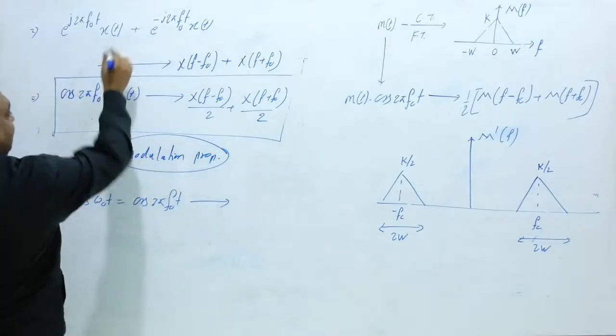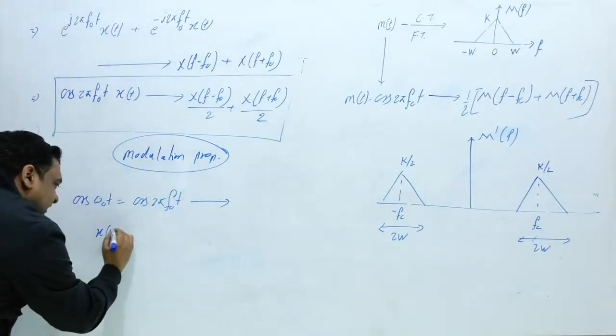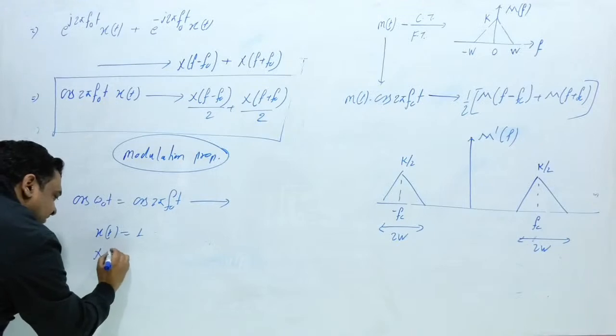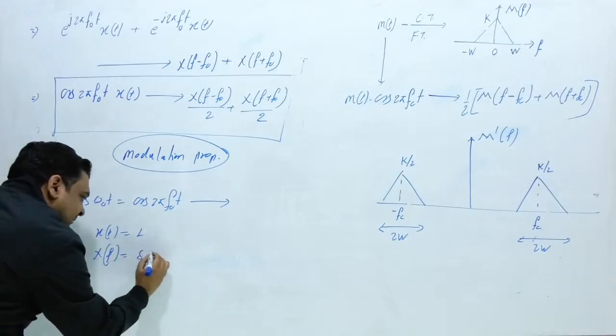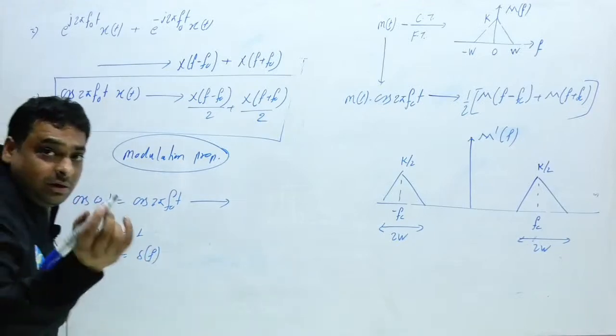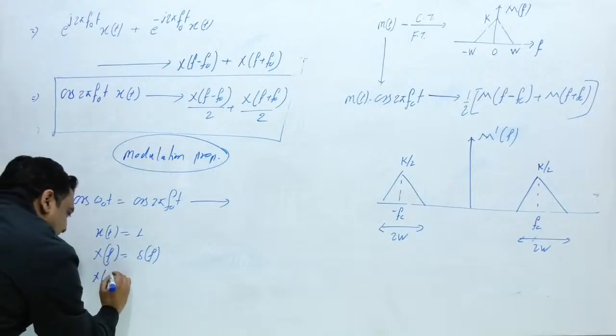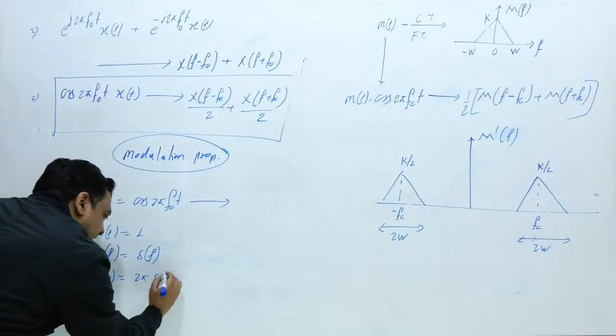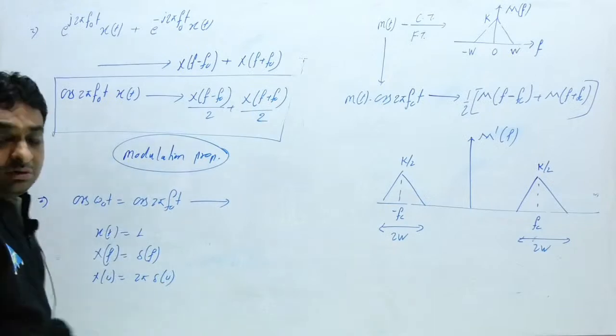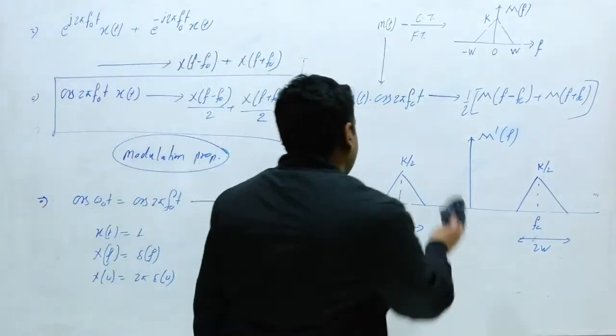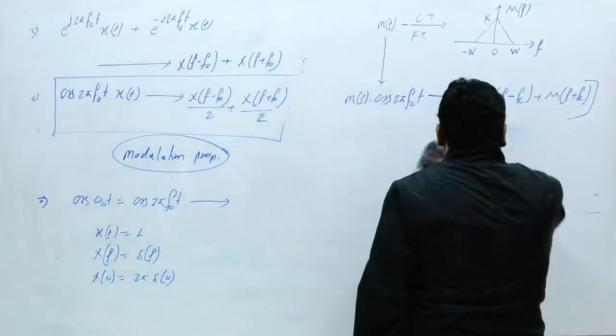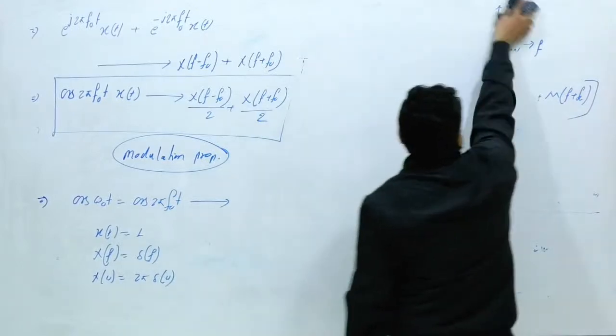If x(t) is equal to 1, what is X(f)? X(f) is nothing but del f. What is X(omega)? 2 pi del omega. So what will be the Fourier transform of only cos omega 0 t?